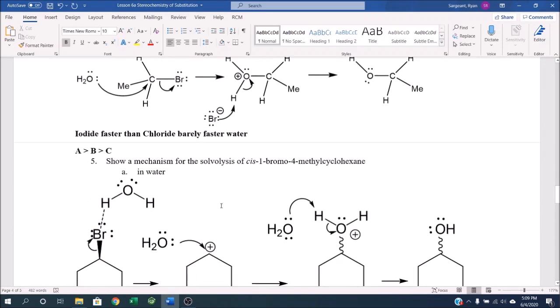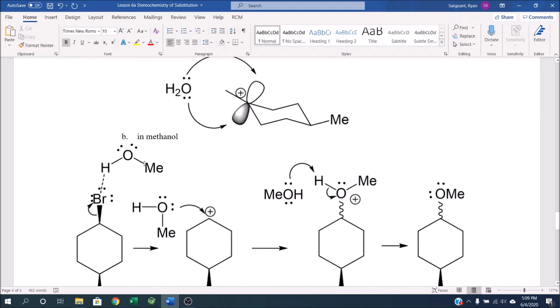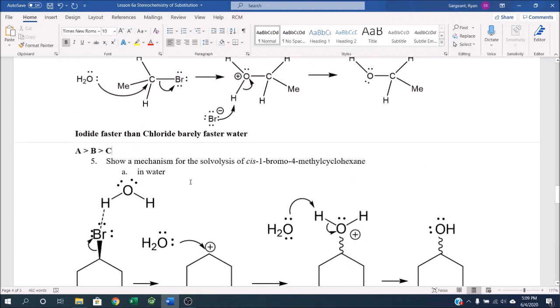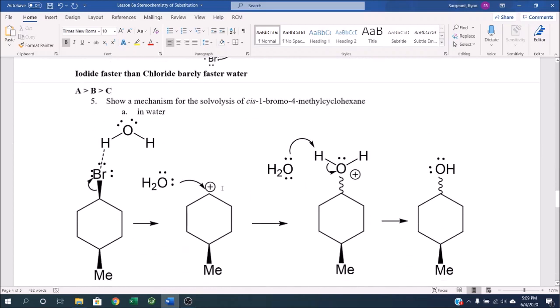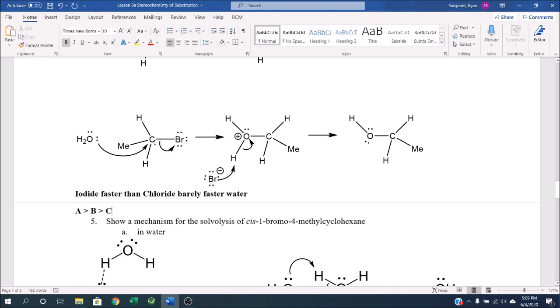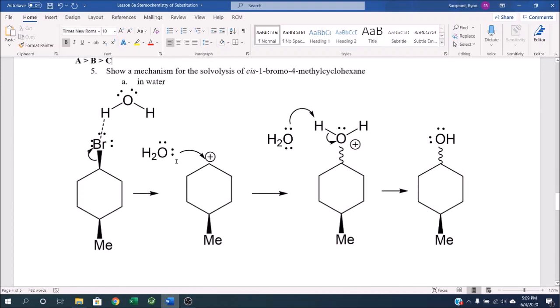You can do solvolysis with either water or methanol, and that's what this next question is asking us to show: the solvolysis of an alkyl halide using either water or methanol. Now, this right here was a primary alkyl halide, so we can't make a carbocation because it would be primary, but if we have an alkyl halide and we soak it in water, you can also get an SN1 reaction to occur.